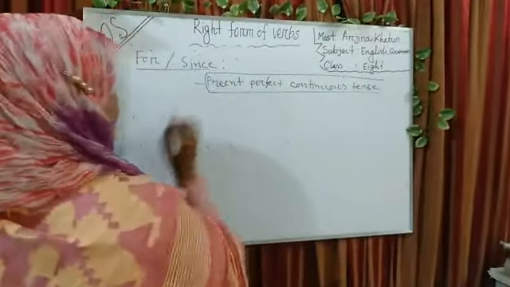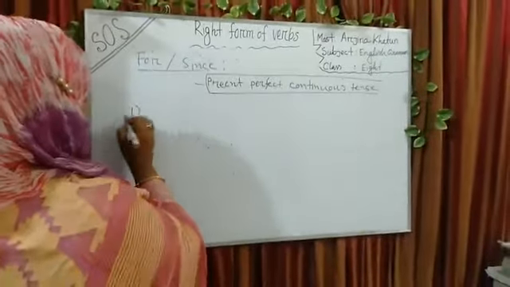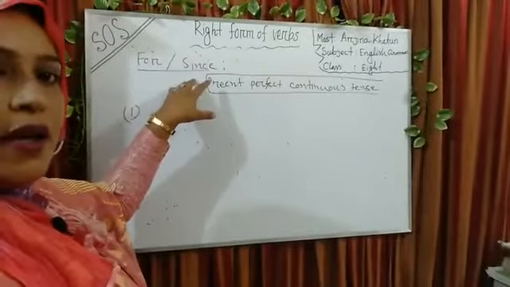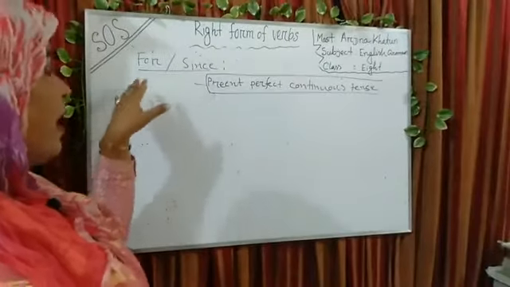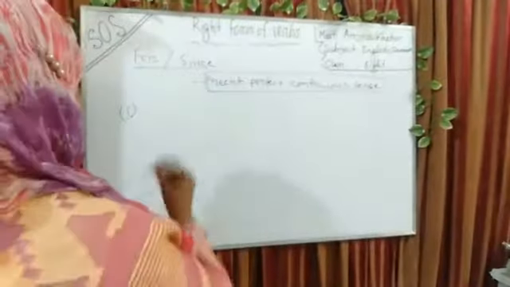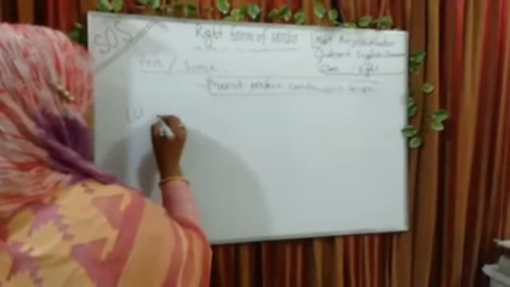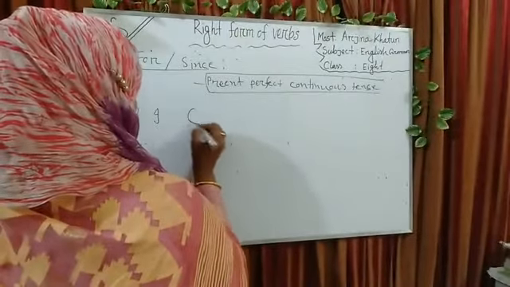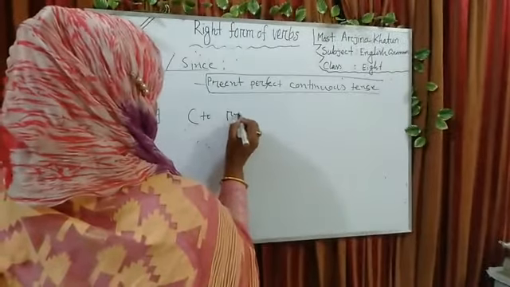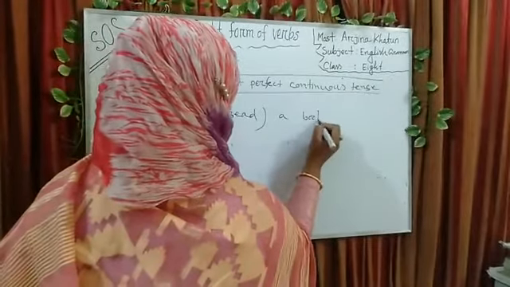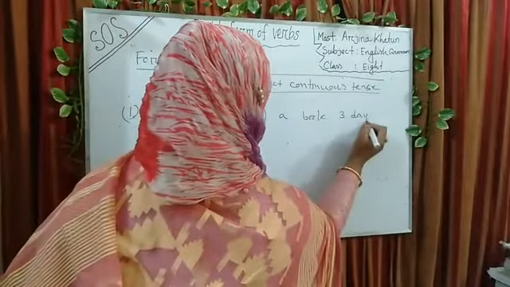My dear learners, when a fixed time is used, since and for are mentioned. For an unfixed time, my dear learners: I read a book for 3 days.